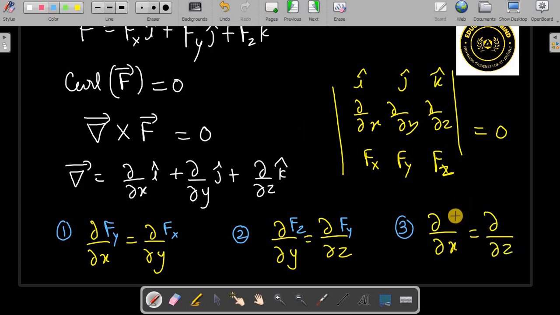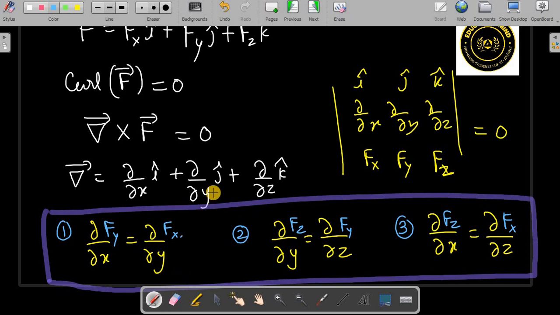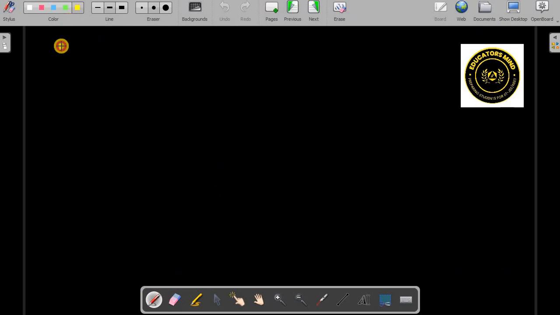This time this side will be Fz and this side Fx. Here ∂ means partial differentiation. We can understand partial differentiation by taking one example, but before that we should note that these are the conditions. If the force is a conservative force, all these three criteria must be valid. So let us take one example.